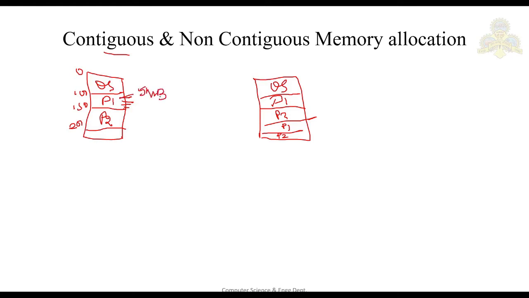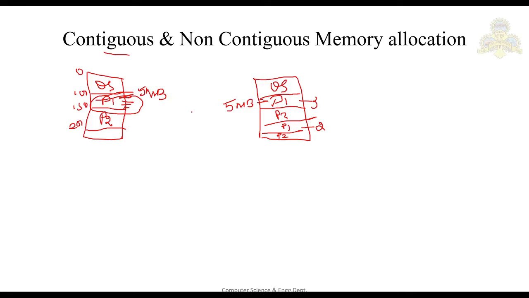In contiguous allocation, all 5 MB is kept in one single block. In non-contiguous allocation, say 3 MB is kept in one location and 2 MB is kept in another location. This is non-contiguous memory allocation.